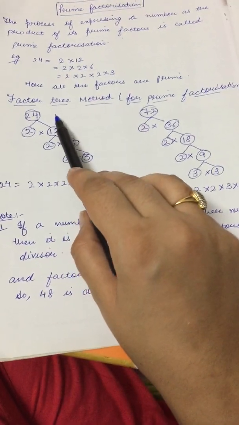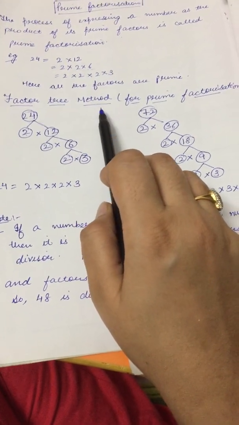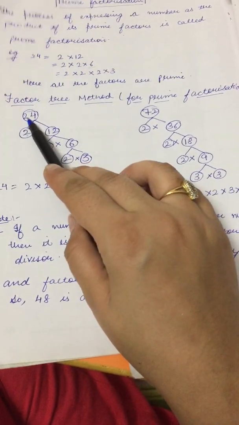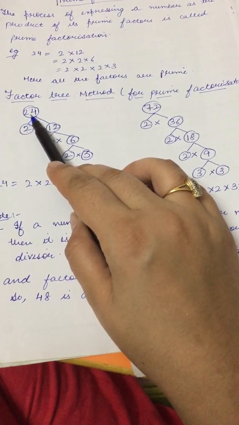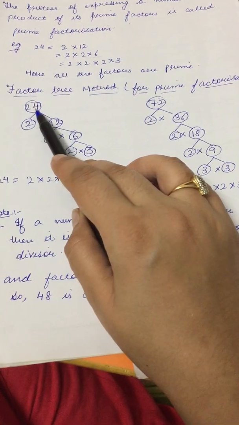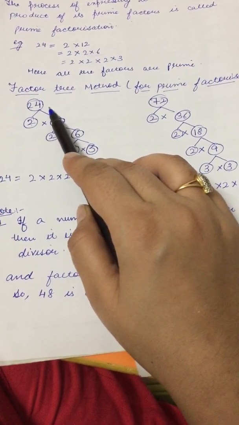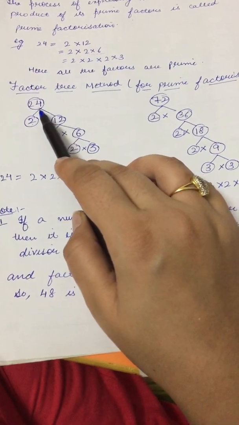Now we have a method for prime factorization, that is the factor tree method. Now what we do in this method is, for example, if I want to express 24 as its prime factorization, then what will I do in this method? 24, we will start from the smallest prime number, that is 2.